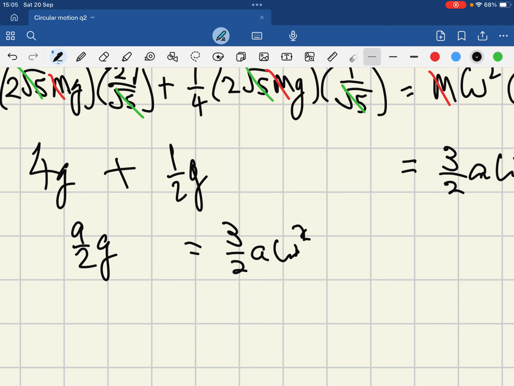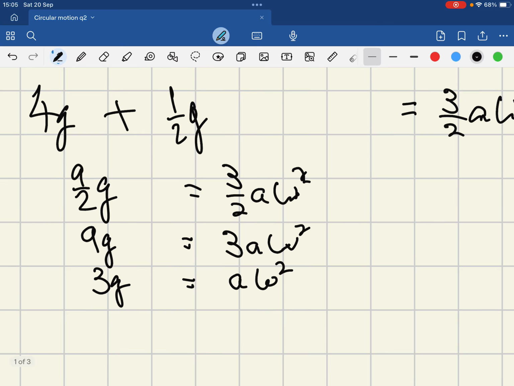We can multiply both sides by 2. So 9g equals 3a omega squared. Divide both sides by 3. 3g equals a omega squared.